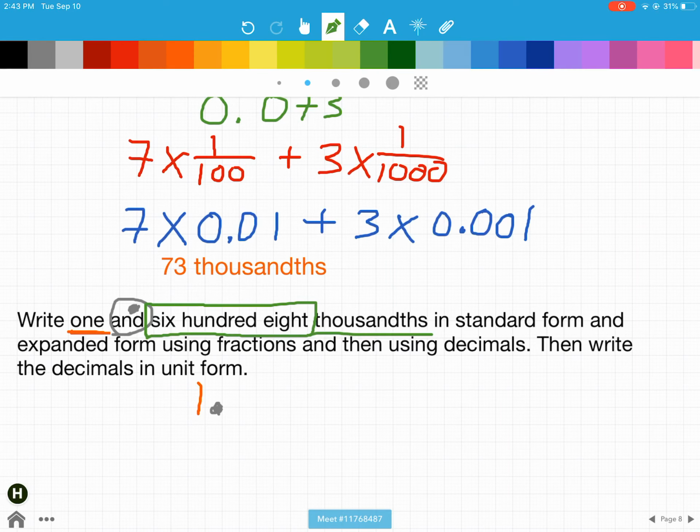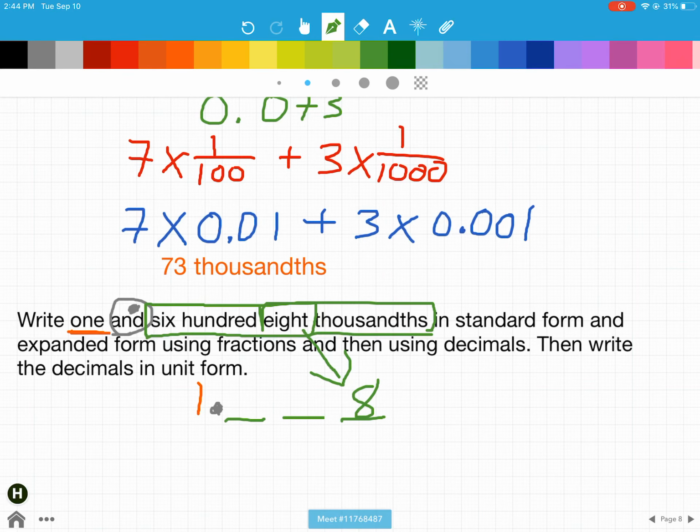The last thing I said was 8. So it's 8 thousandths is what you should see. Thousands has 1, 2, 3. Thousands has 3 place values. What I like to tell them is that the 8, the last thing that we said, goes there.